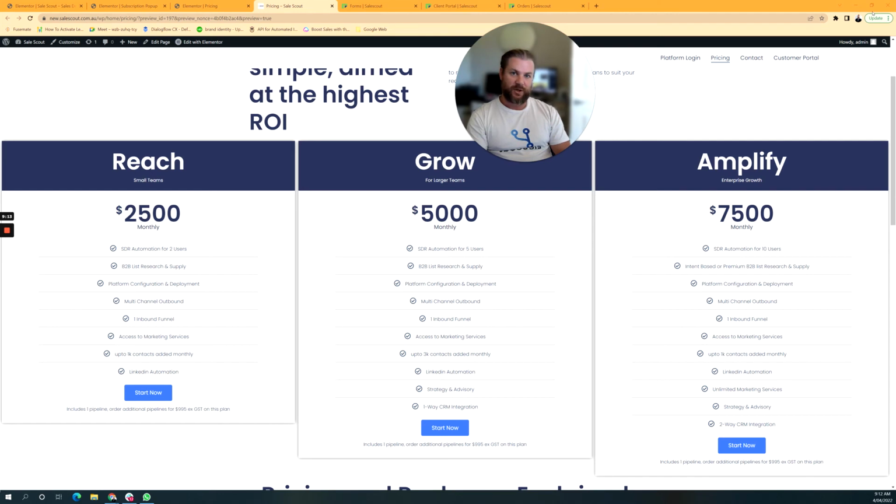All of these services around marketing are all inclusive on Amplify. When you look at Reach and Grow, there are limitations to those, but we want to make sure that each campaign is as successful as it can be. So the more information you're able to volunteer to us around products and services, branding, etc., we want to get your audience out of email, out of SMS, out of these predominant communication channels and engaging with digital assets.